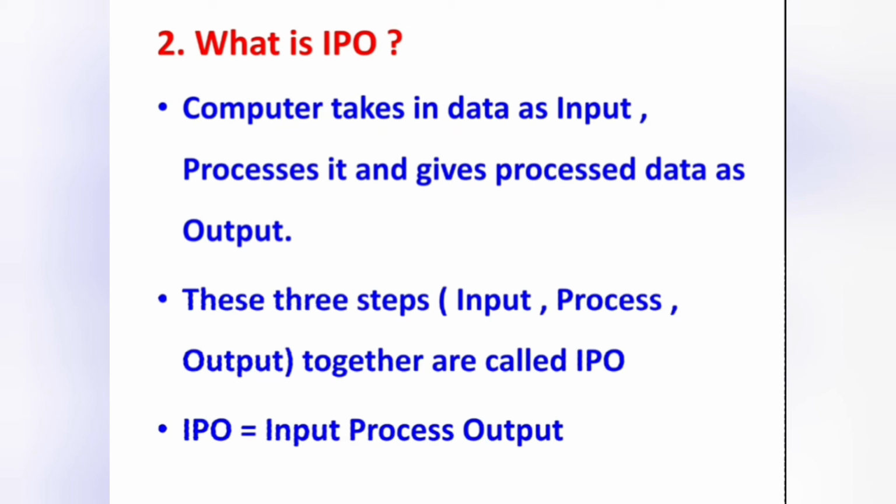Okay, so computer takes the data as input, processes it. Process means doing. So computer takes in data as input, processes that data, and gives processed data as output. After completion of the process, it will be ready to produce the result.